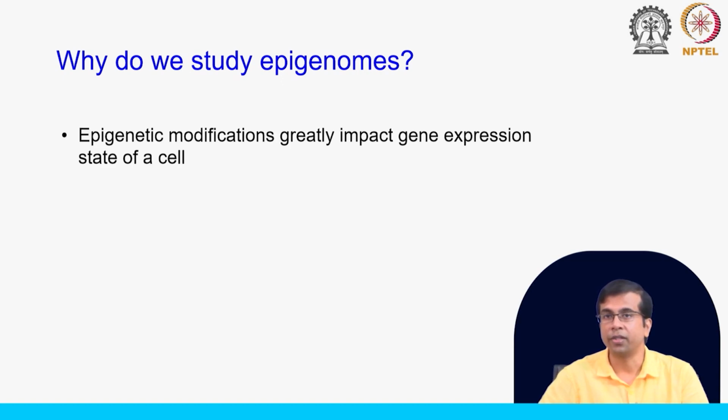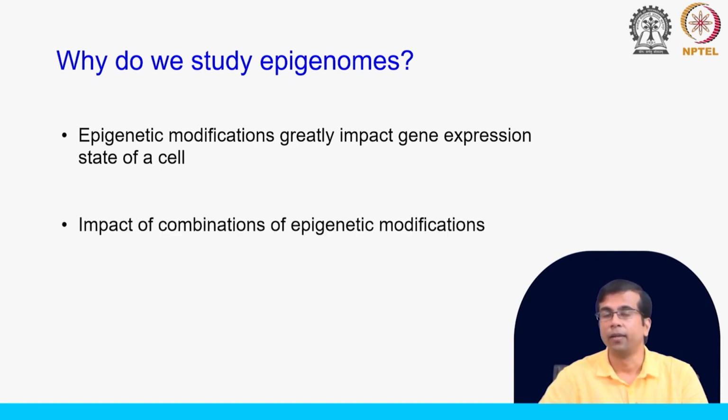As I have just mentioned, epigenetic modifications impact the gene expression state of a cell, and this we now know, and combinations of these different types of modifications can have different unique effects. We talked about 3 different types of modifications: DNA methylation, histone modification, and chromatin remodeling.